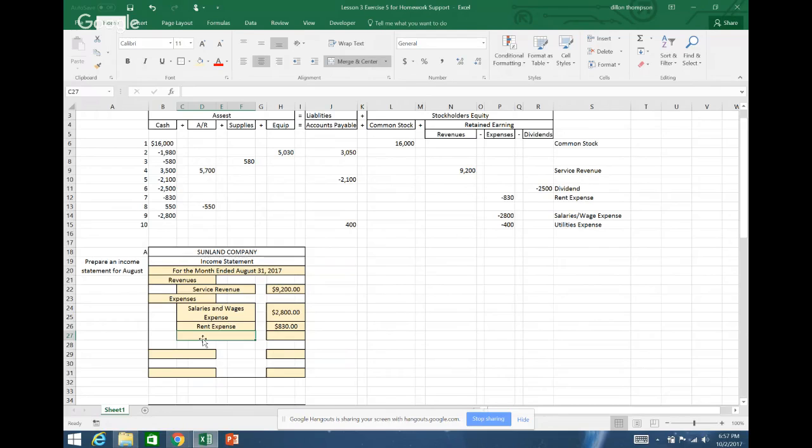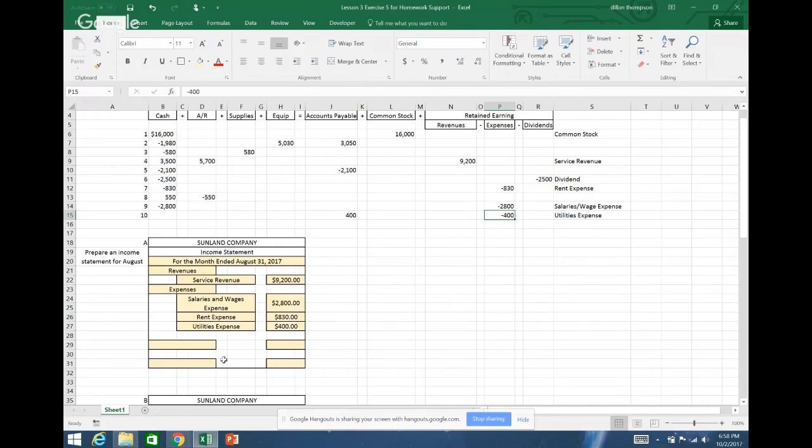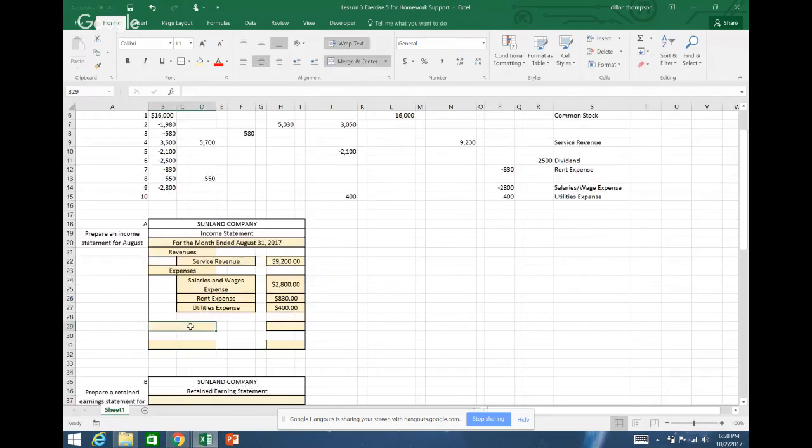And then the final expense is utilities expense, which is $400. And this can be found right here under expenses and retained earnings. Then we add up all of our total expenses. And this equals out to be $4,030.